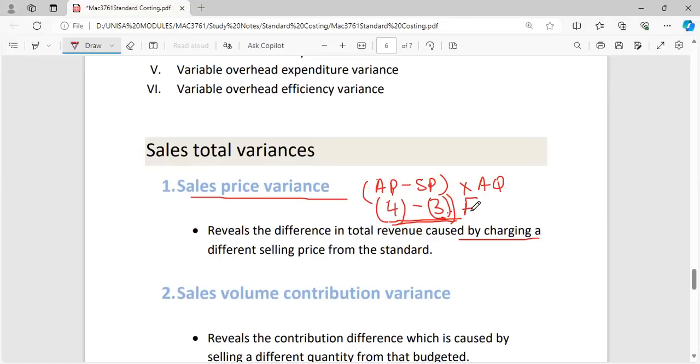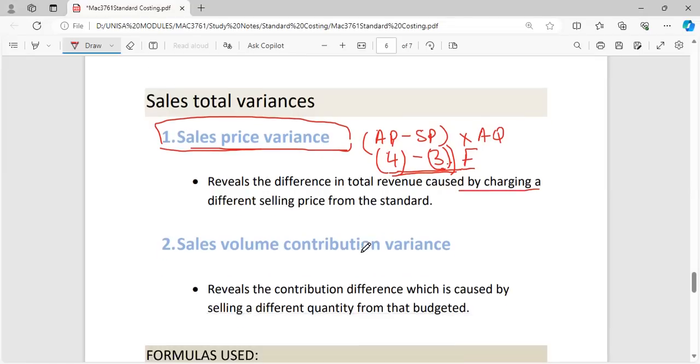It's favorable because your income increased. With a cost, if the cost we had budgeted is greater than the actual, then it's favorable, because we were supposed to spend more but we spent less.